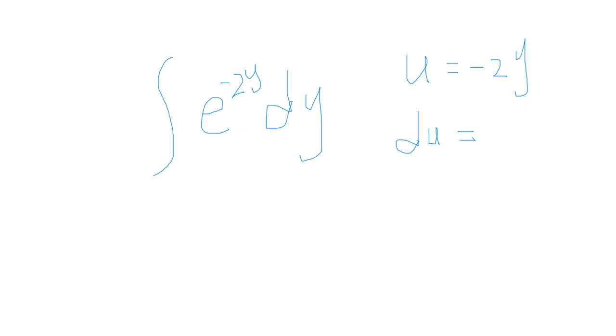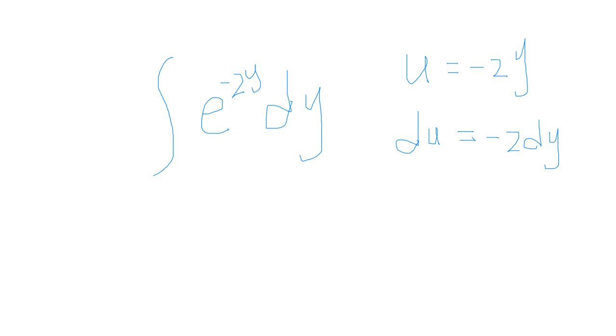This is the e term. Okay, so let u be negative 2y. So what is the du? Du would be negative 2 dy.